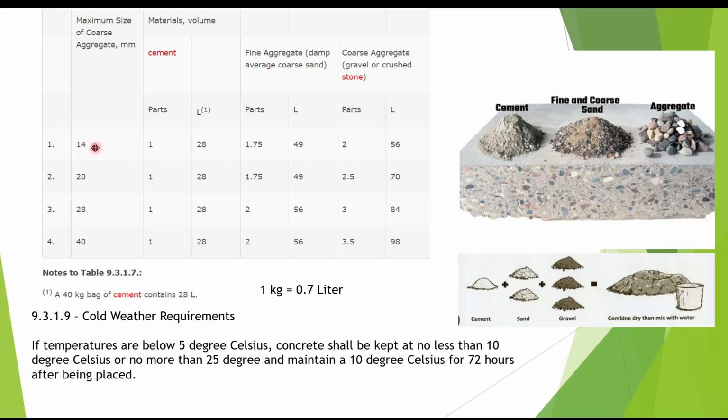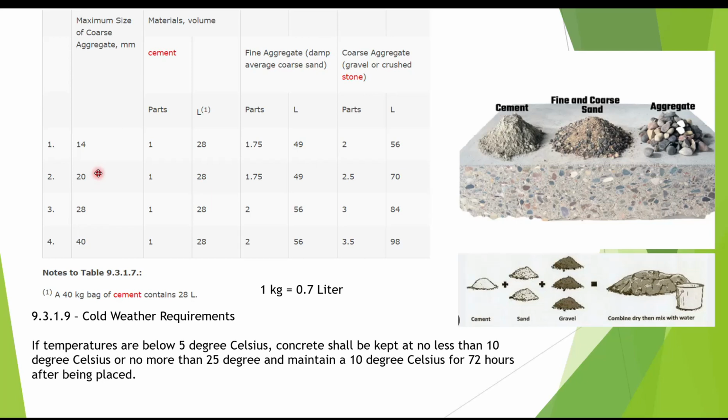Now for 14 millimeter aggregate, we need parts or bags: 1 bag of cement, then we need 1.75 bags of fine aggregate, and we would need 2 bags of coarse aggregate.